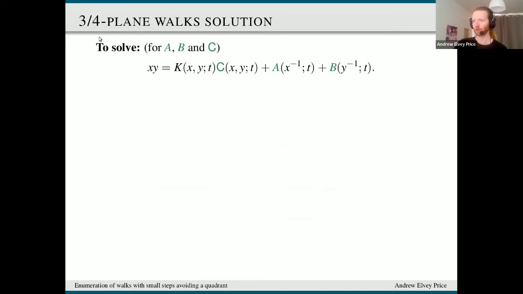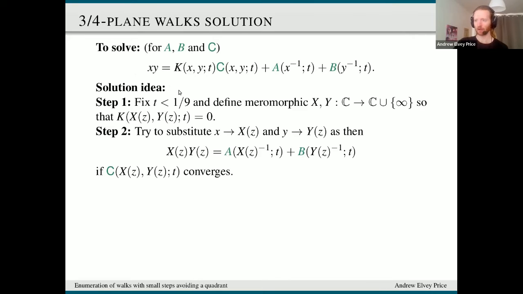Okay, so we start with the formal functional equation that I derived in the last section. And the idea for converting it to an analytic functional equation is we start by fixing t to be very small, so that hopefully some of these series will converge. And then we define meromorphic functions x and y, which will in fact be elliptic functions, so that they send the kernel to 0.